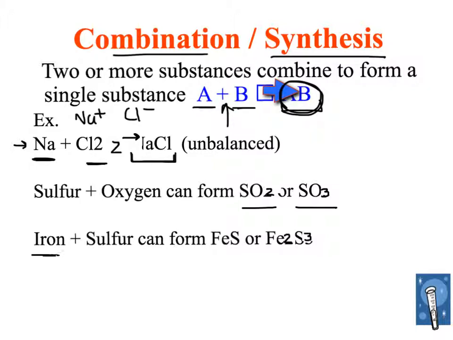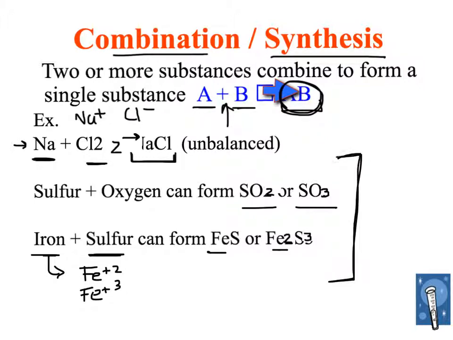Or if we combine iron and sulfur, since iron's in D block, it could form iron sulfide or iron 2 sulfide or iron 3 sulfide. So in some cases we don't know for sure. In our class we're not going to deal with what possible things can be made, but you should definitely be able to recognize a synthesis reaction.